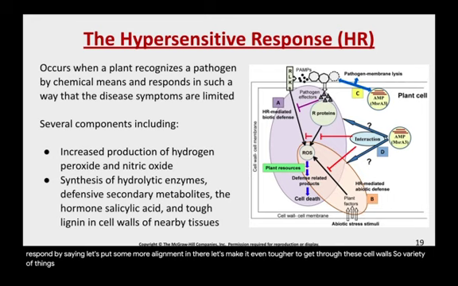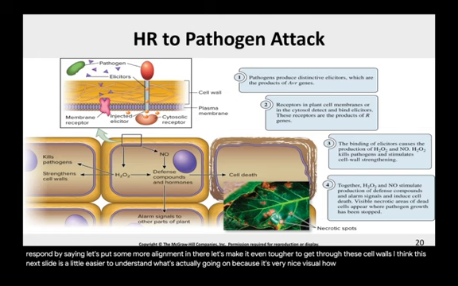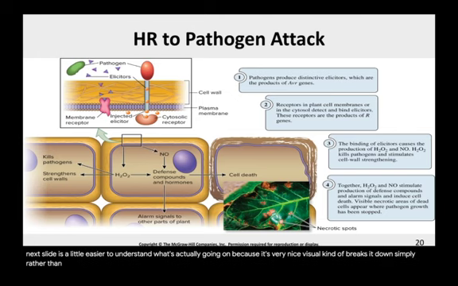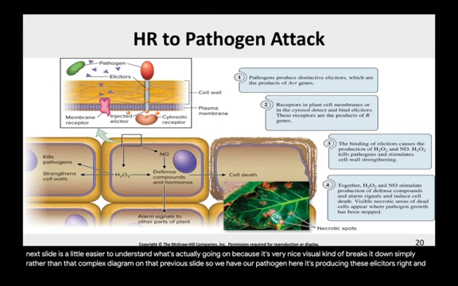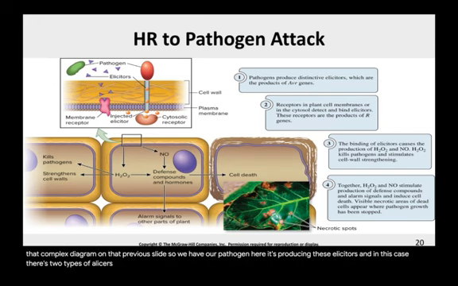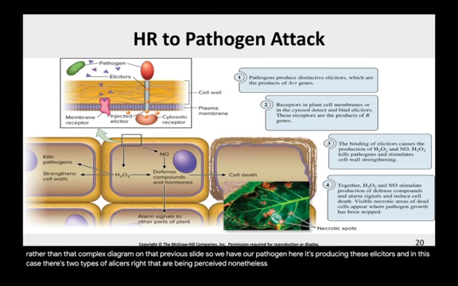I think this next slide is a little easier to understand what's actually going on, because it's a very nice visual. It breaks it down simply, rather than that complex diagram on the previous slide. So we have our pathogen here, producing these elicitors. In this case, there are two types of elicitors that are being perceived on the inside of our cell.